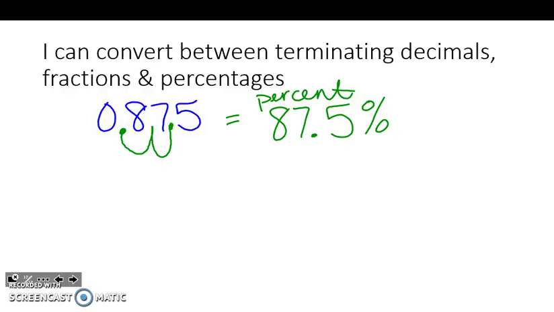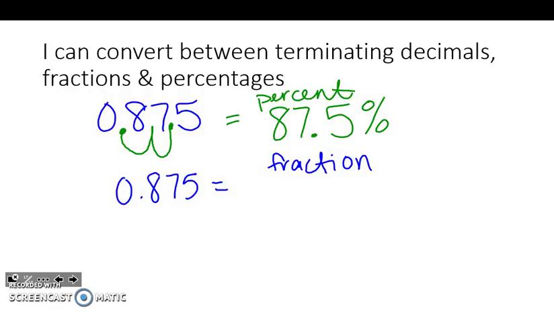All right, and then we also need to change 0.875 into a fraction. And we have to make sure that our fraction is simplified. This is also pretty easy, and we're going to teach you a shortcut this year as well. So the first thing that you're going to write down is the numbers that are behind the decimal. They go on the top of your fraction.